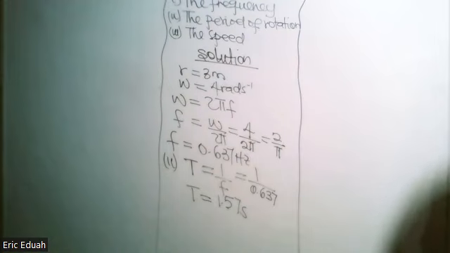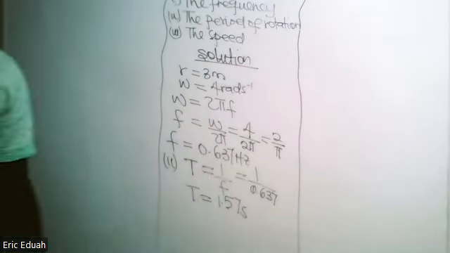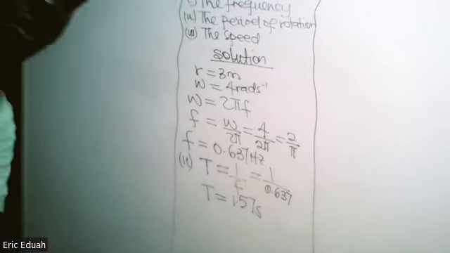How do you find the speed? Speed or velocity is equal to angular velocity times the radius.